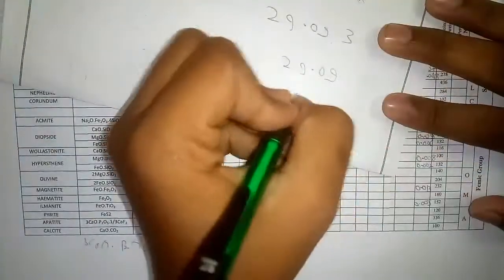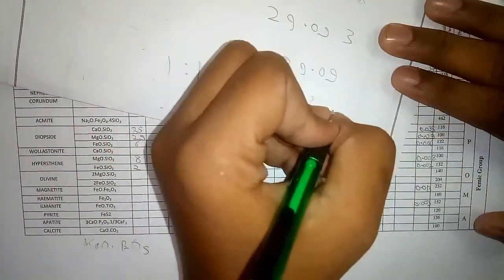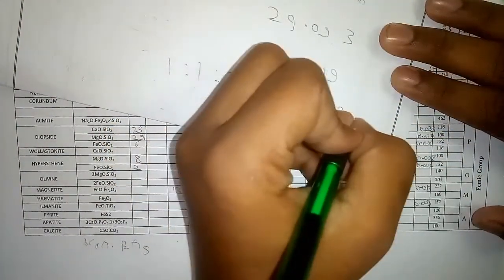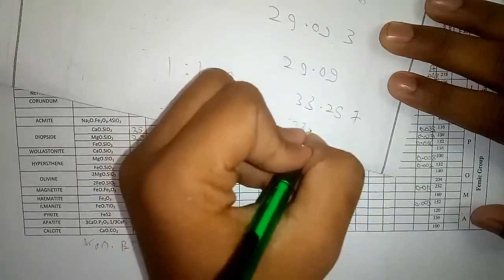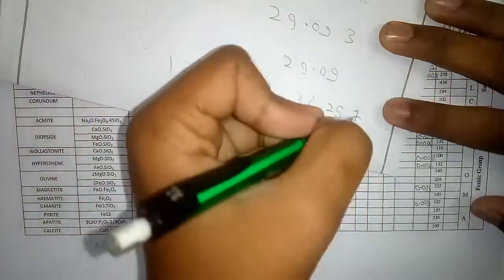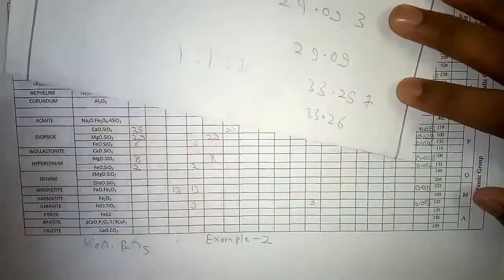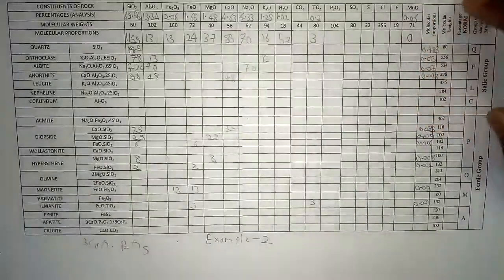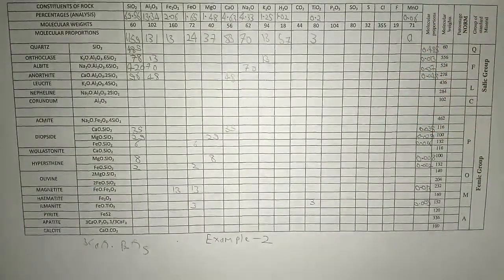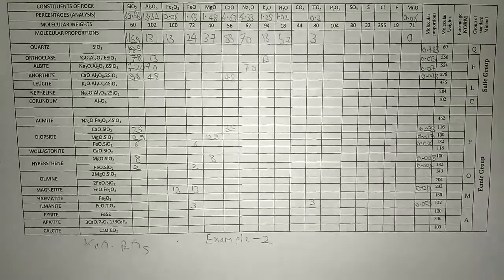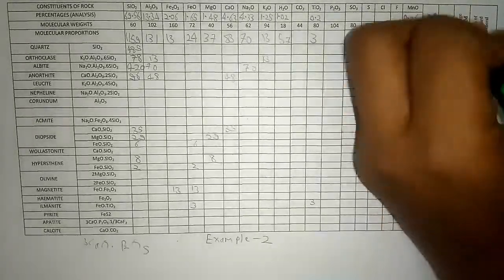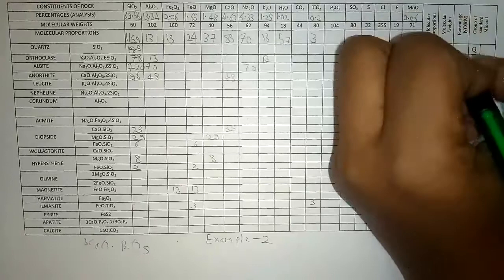Okay, for example, if it is 33.257, take it as 33.26. Okay, you have to take the last digit as the average. Okay, so we will multiply it and we will find out the percentage norm.